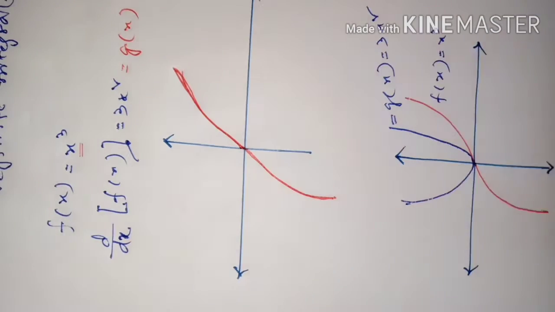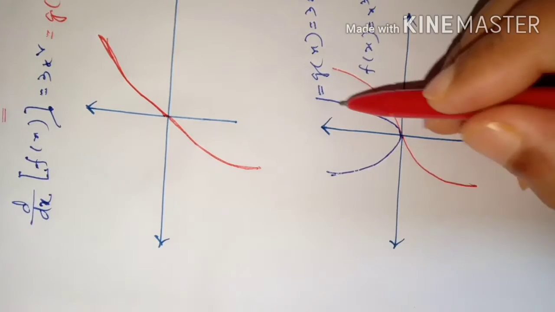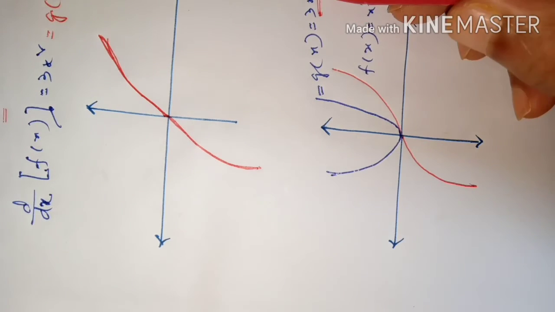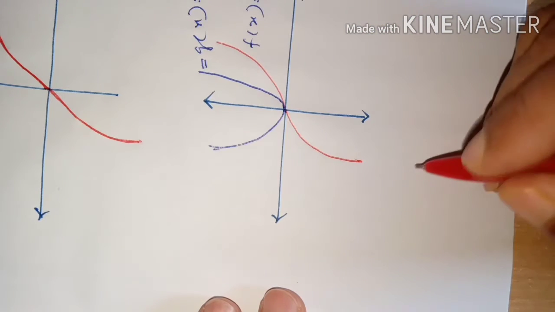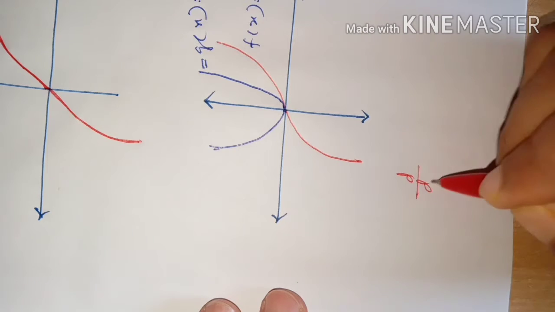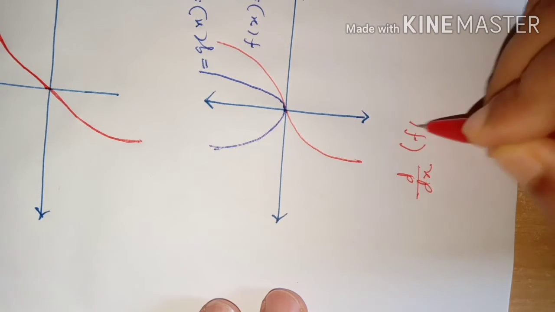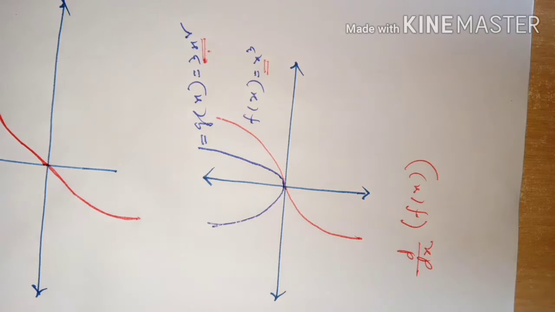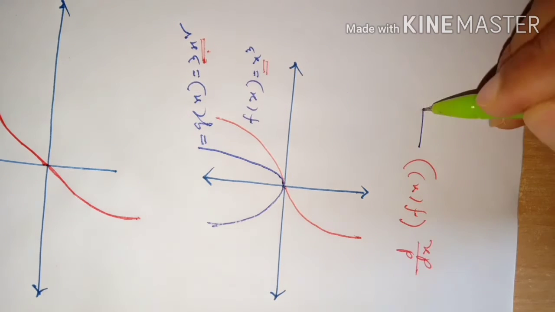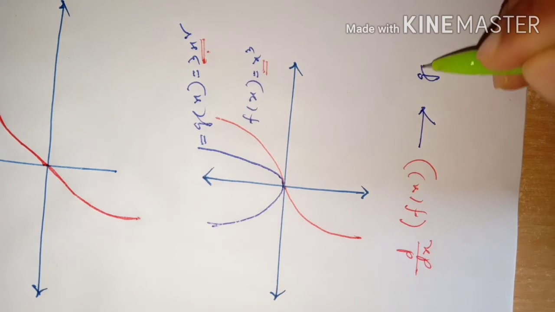So dear students, just think of a situation here. Suppose this function is given to us. Can we know the original function? When we took the derivative of the function f of x, we actually converted it into a new function. It got transformed into a new form, that is g of x.